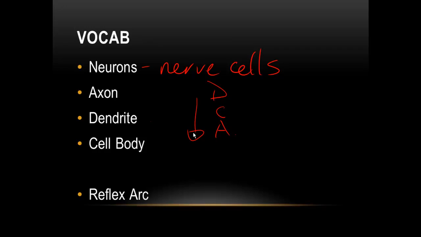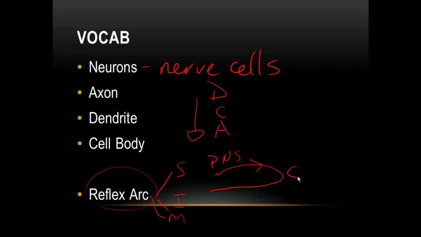This is going to be the order of how the impulse travels along. Then we're going to talk about how three different types of neurons, sensory neurons, interneurons, and motor neurons, make up a reflex arc. And we call it an arc because it starts out in the peripheral, it goes into the central, and it comes back out to the peripheral again. So peripheral, through the central, and back out in the peripheral.